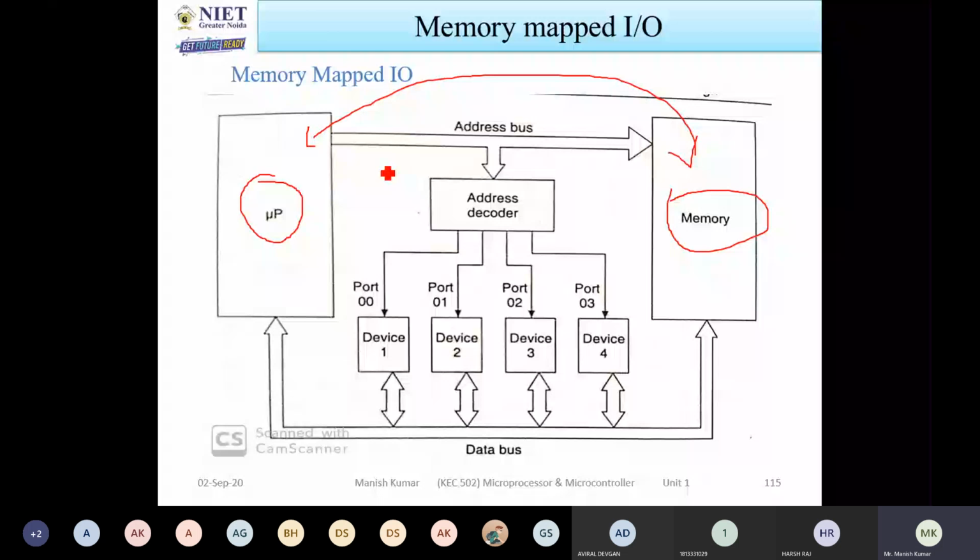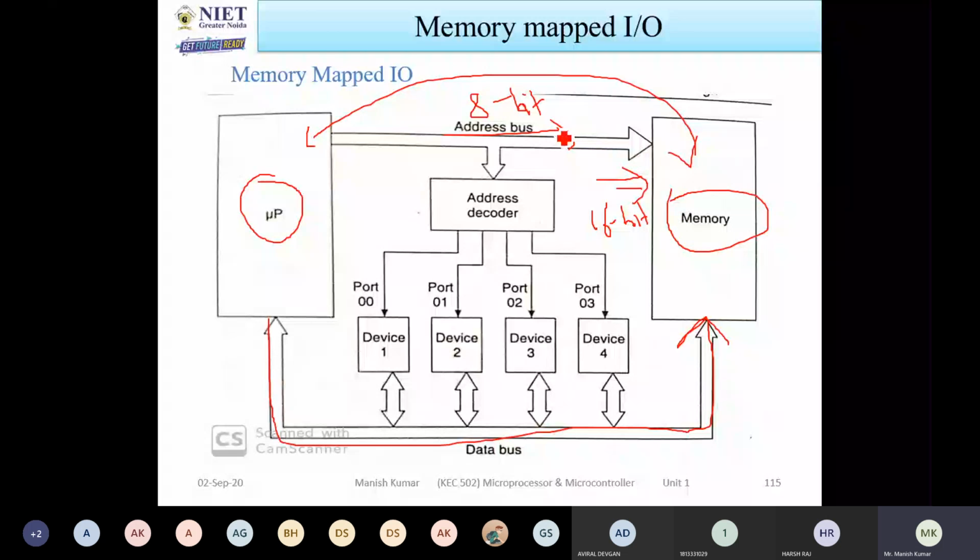But the address bus is 8-bit. For accessing memory you need a 16-bit address, correct? So we combine AD0 to AD7 and A8 to A15, and you get the 16-bit address of the memory location.